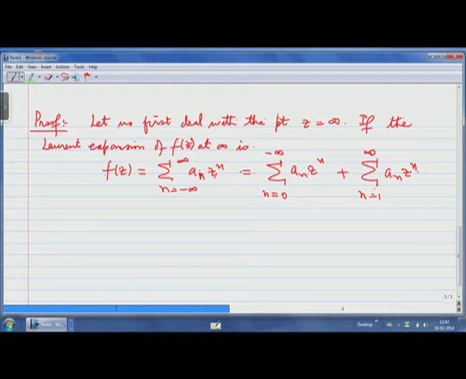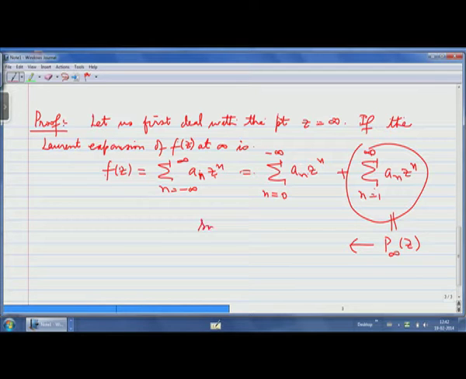Now let me call this part p infinity of z. This p infinity of z is what? This is the singular or principal part at z equal to infinity.